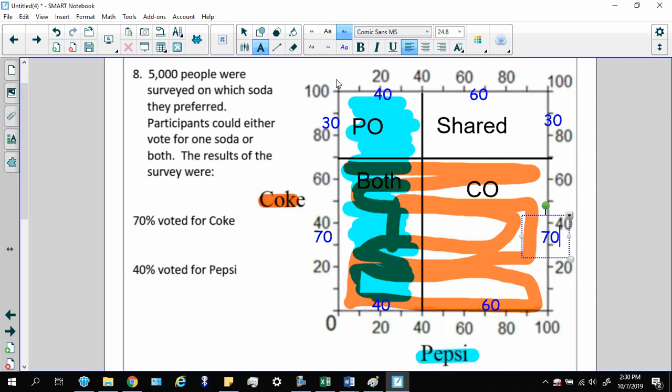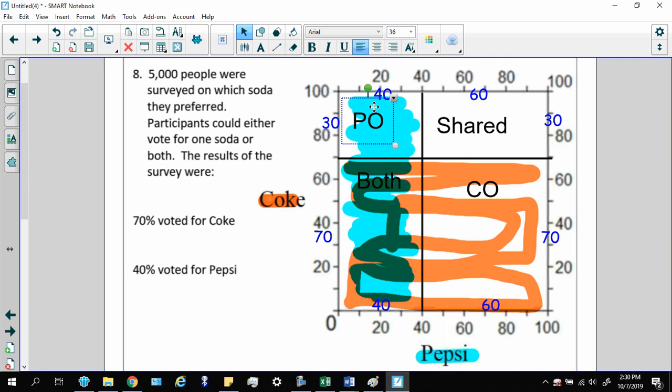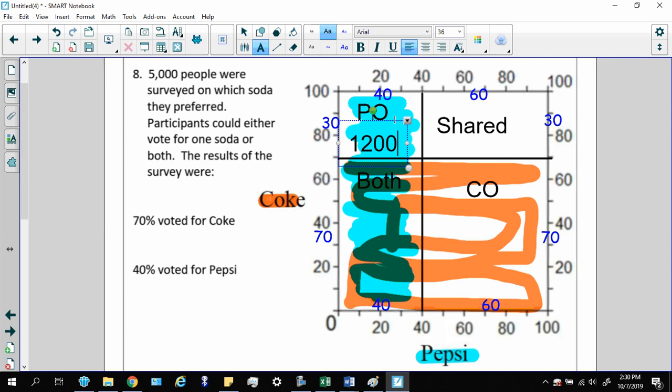Now, based off of what I've seen, you guys pretty much can get the areas, but I'm just going to go ahead and do it anyway. So this ends up being 1,200. This ends up being 1,800. This ends up being 4,200. This ends up being 2,800.